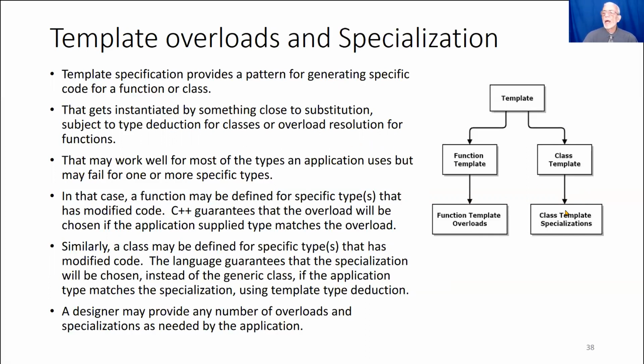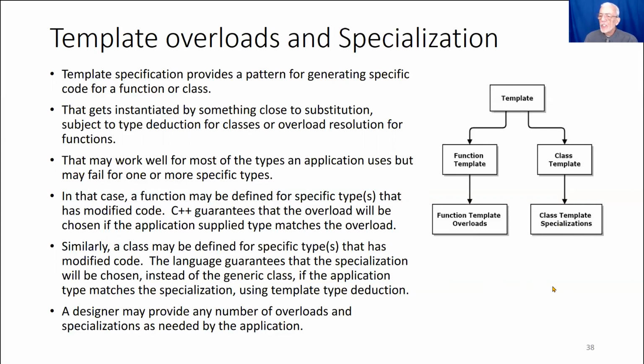And the same thing with classes. Instead of overloading, now we're specializing, what's called specialization of the template. But again, if we have a generic template that works for a lot of types, but there's one or two types it doesn't work well for, we can provide a full class definition that uses the explicit types in place of the template parameter.